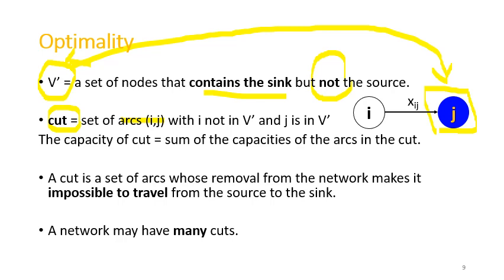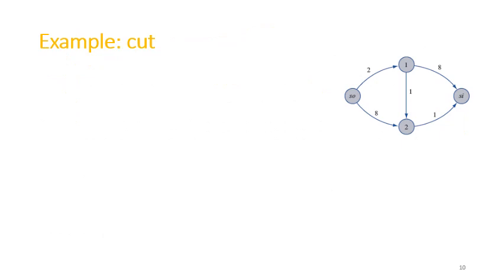And then a network may have many cuts. So it's not only one possible set of arcs that can cut the network, but we can have a lot of possible cuts. We will see examples in the next slide to make these ideas clear. Now let's take a look at examples of the cut.